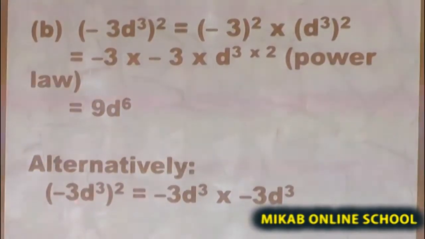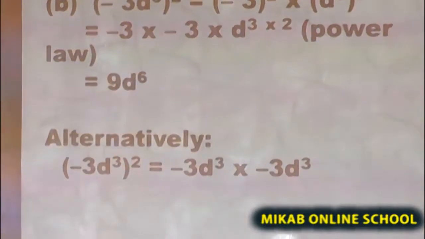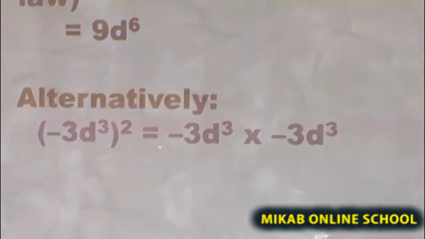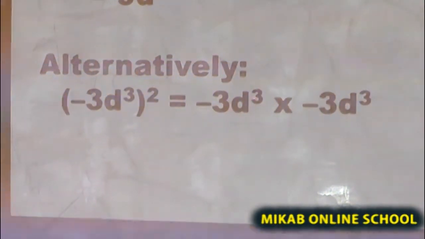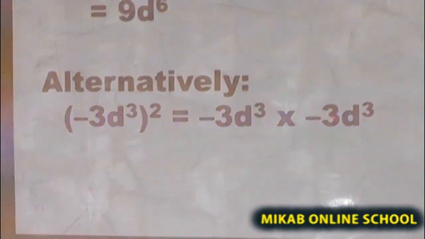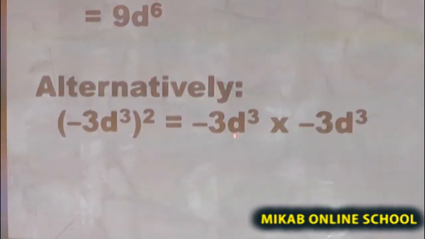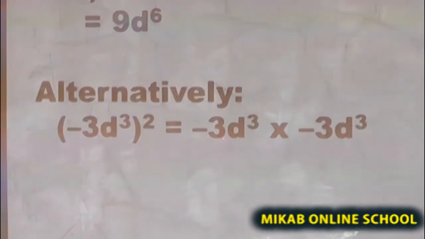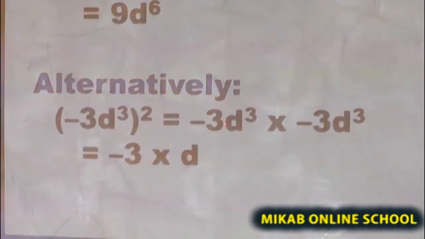So, by the time we express this (-3d^3)^2, we are going to arrive at -3d^3, which is the first one, multiplied by -3d^3. Remember, the connectivity between this -3 and this d^3 is a multiplication sign.